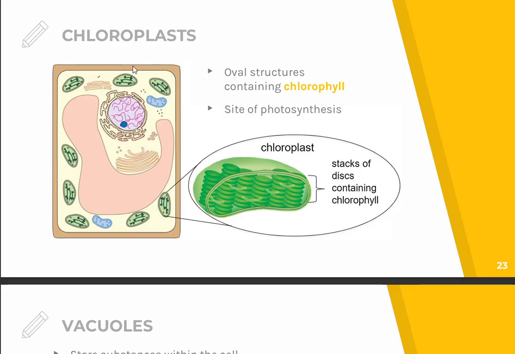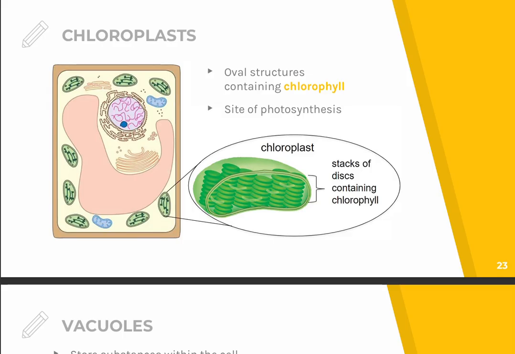So both the plant and the animal cell have mitochondria, a nucleus, and a cell membrane, right? But we studied that the plant cells have a cell wall and chloroplast, while the animal cells do not have chloroplast, right? So be very clear with this.